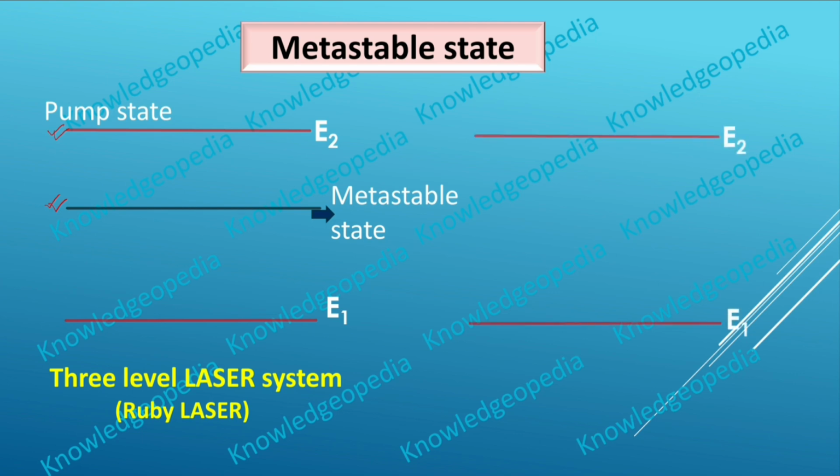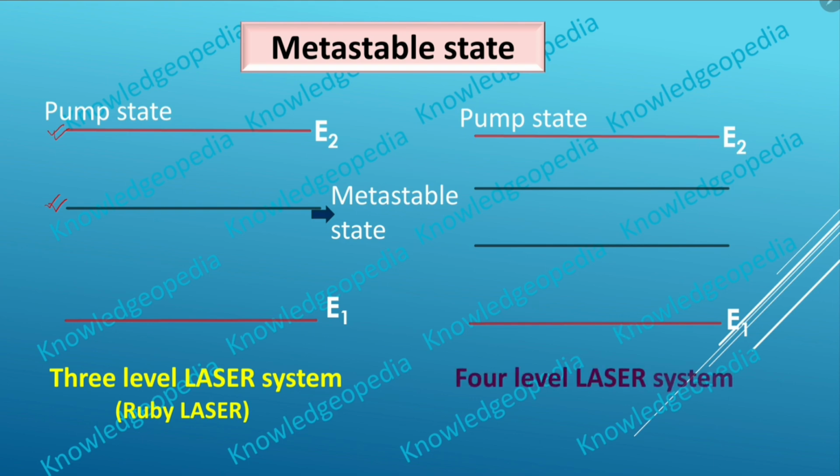Coming to another situation, these are the two states: one is the ground level and this is the pump state. But the difference is that in this case we have two states in between E1 and E2. So finally we get 1, 2, 3 and 4 energy levels which are involved in the lasing process. So this is known as a 4-level laser system, and the helium neon laser is an example of a 4-level laser system.